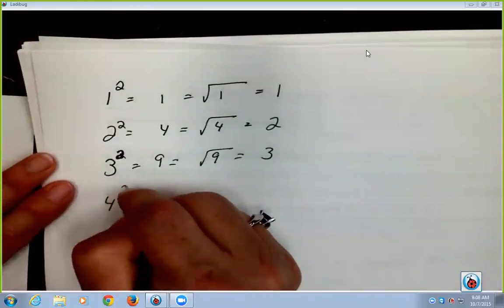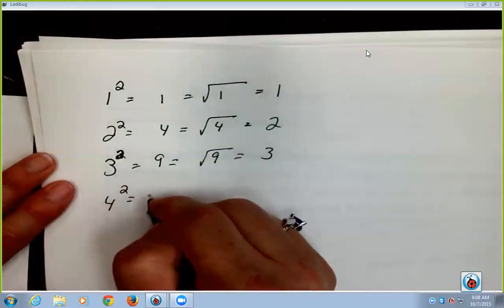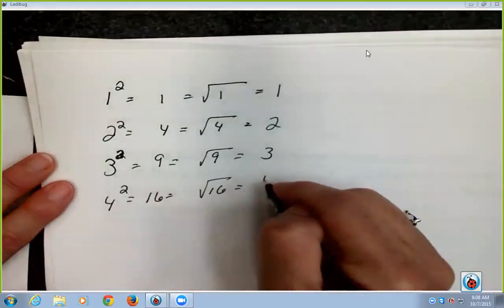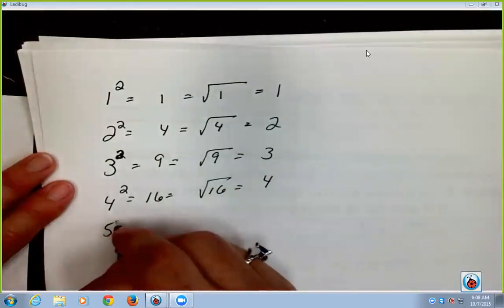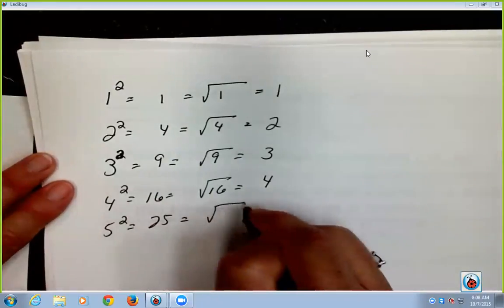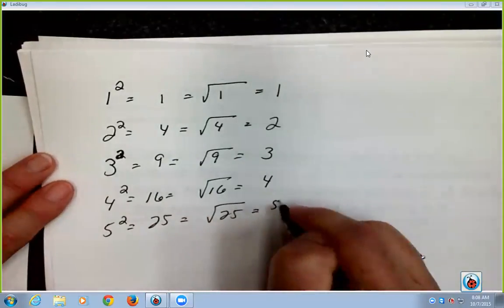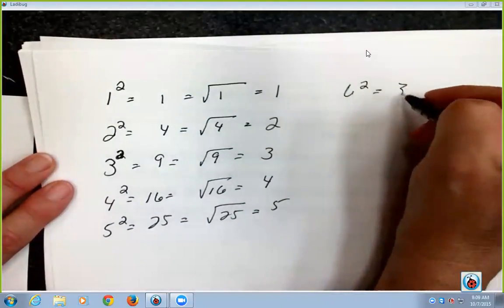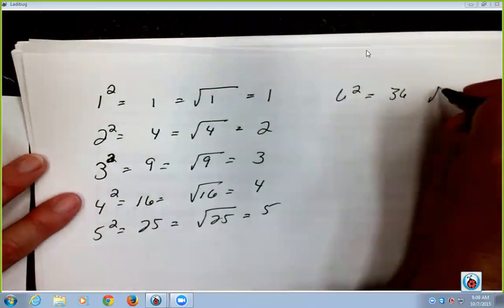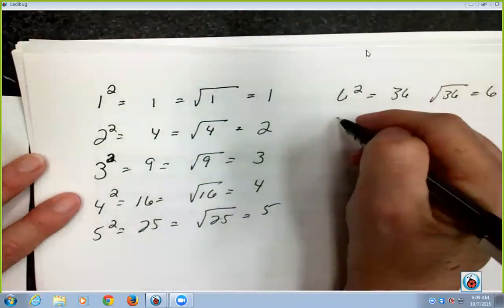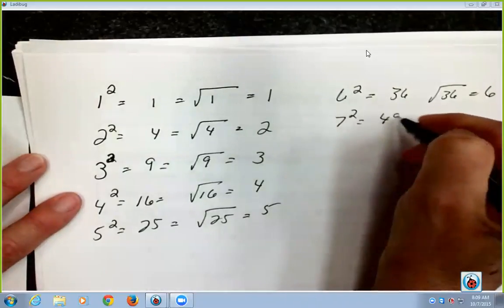So if I take 4 and square it, we'll just list all of them here that you're probably going to run across. It gives me 16. The square root of 16 is 4. 5 squared is 25, so the square root of 25 is 5. 6 squared is 36. The square root of 36 is going to equal 6. And 7 squared is 49.